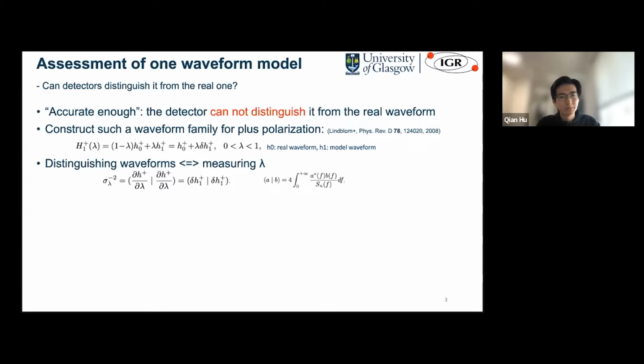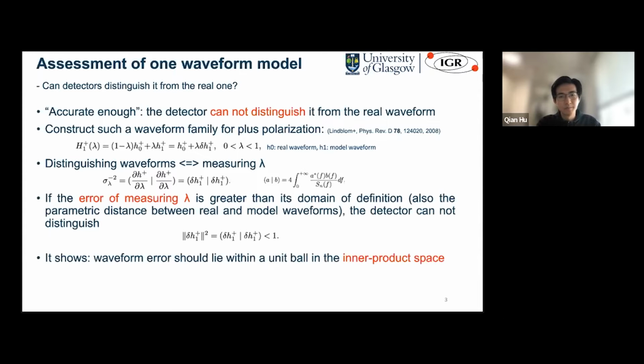Distinguishing the waveforms is equivalent to measuring lambda. If the error of measuring lambda is greater than its domain of definition, or you can say the parametric distance between the real and the model waveforms, we can claim that the detector cannot distinguish the two waveforms. So the model is accurate enough.